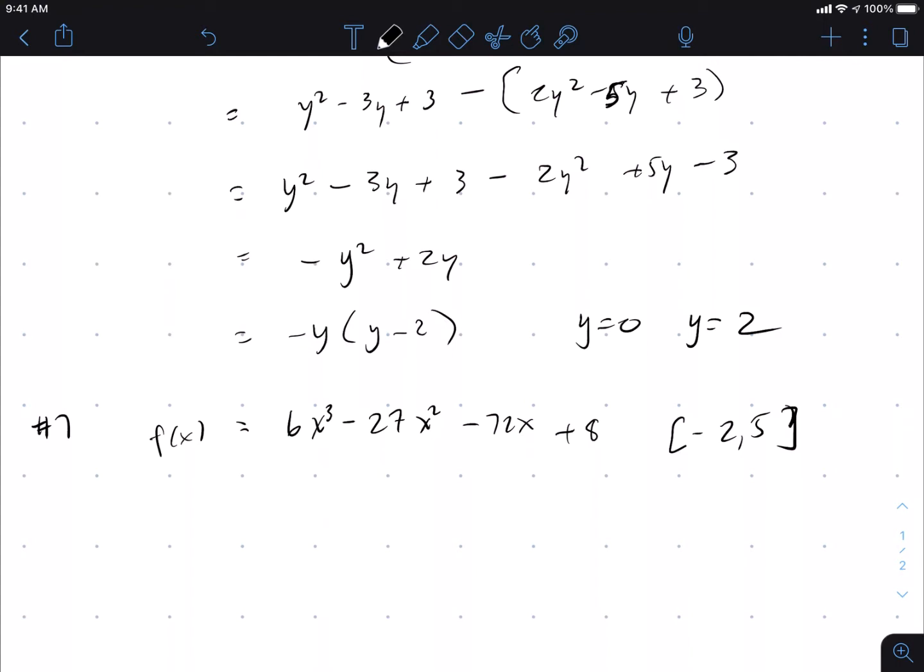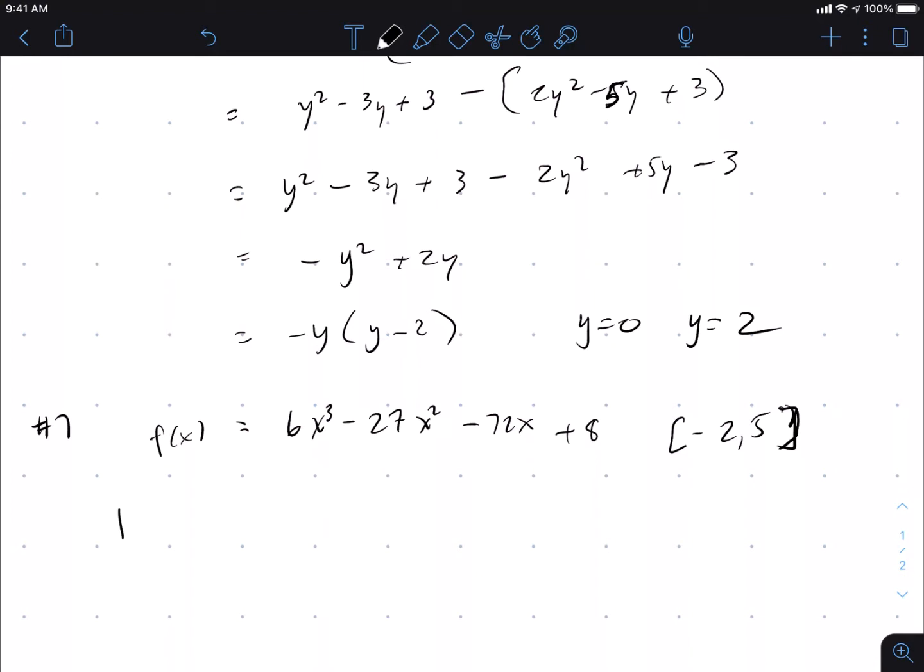So we need to check the endpoints first. So by plugging the endpoints into the function, right? I'll do that. 6 times negative 2 cubed minus 27 times negative 2 squared minus 72 times negative 2 plus 8.